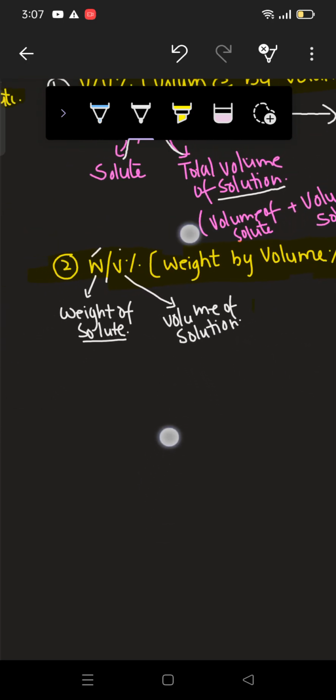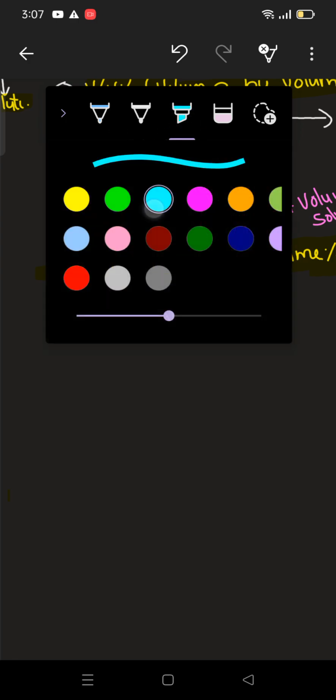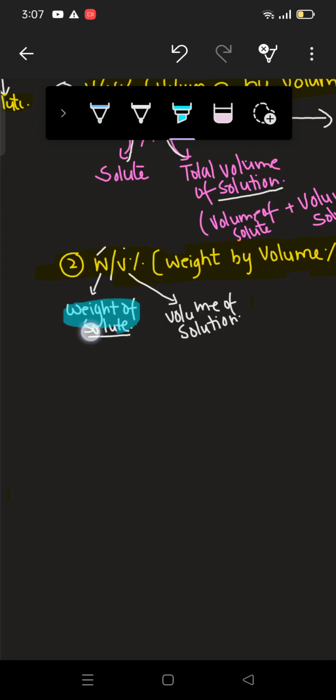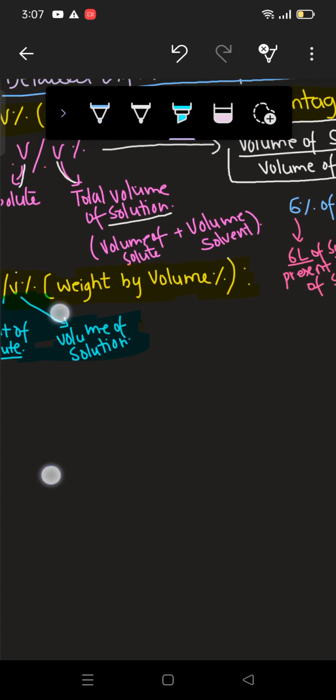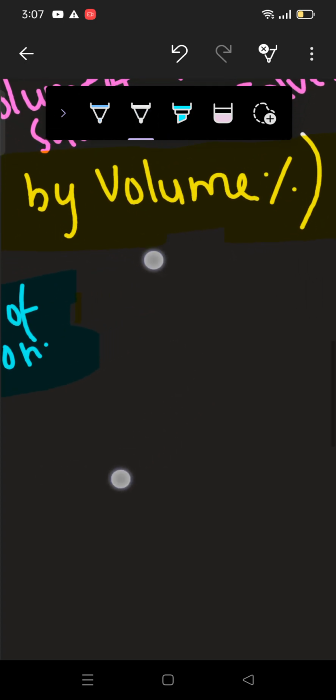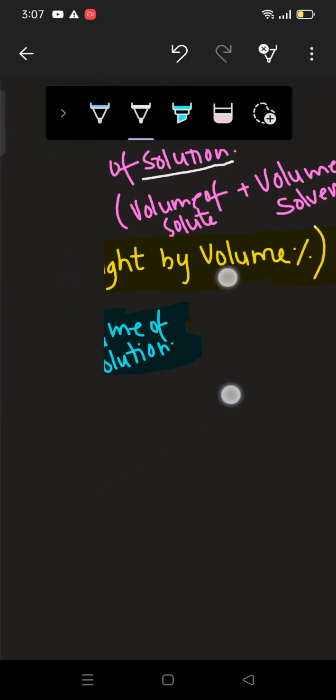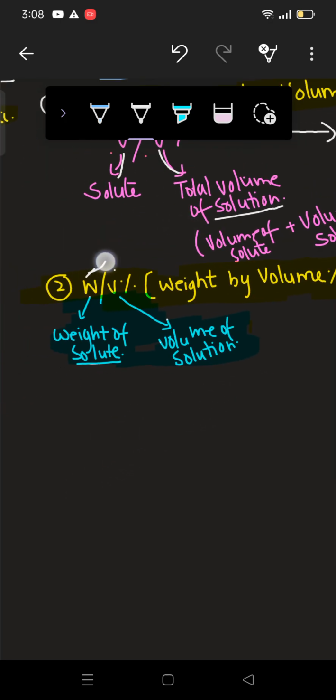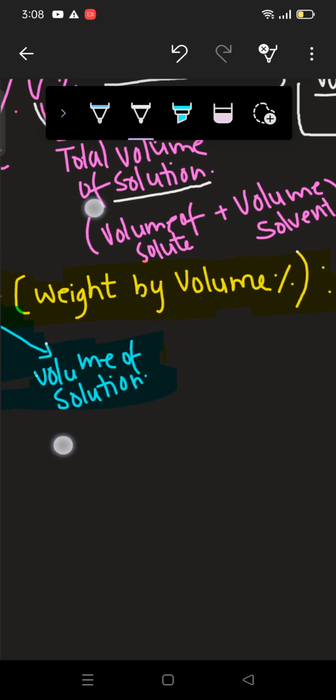So what would be the formula for it? Now we can easily make it. The formula which we will apply here is very clear: weight of solute upon volume of solution into 100, since we have percentage.